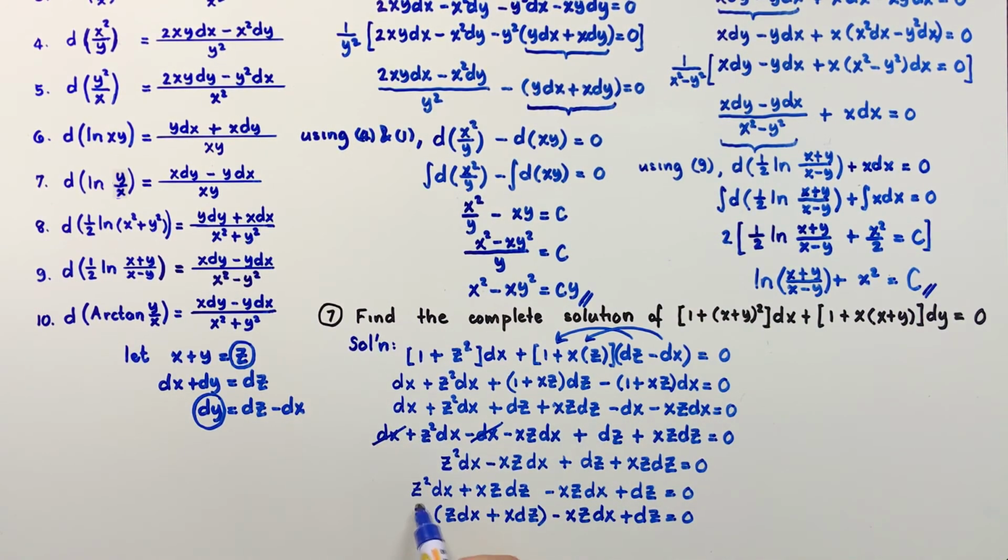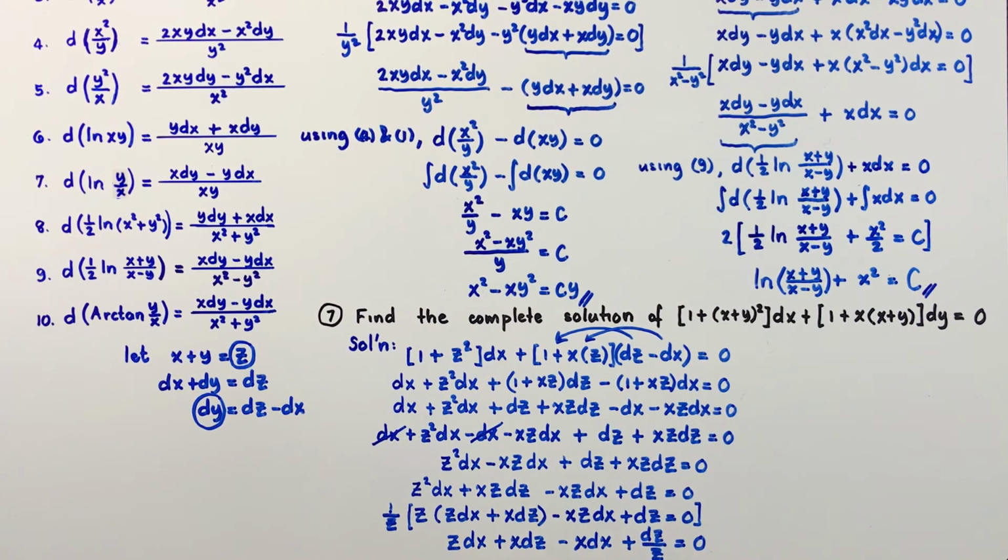So to eliminate the z here, we need to multiply both sides of the equation by 1 over z. So we have z dx plus x dz minus x dx plus dz over z, and this is equal to 0.